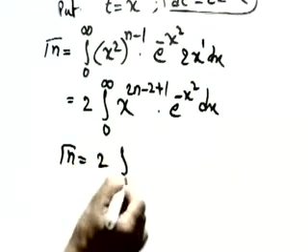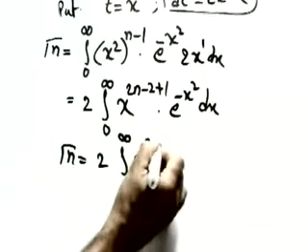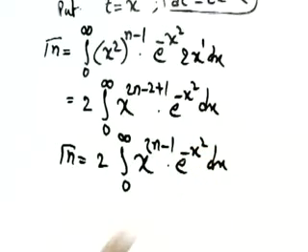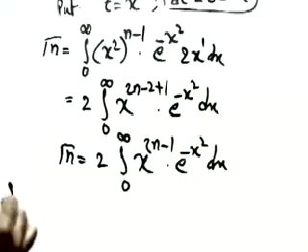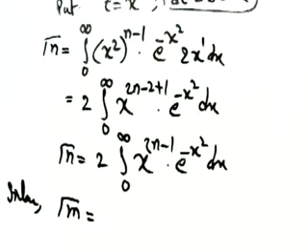Now this is gamma of n equals 2 into integration 0 to infinity x power 2n minus 1 into e power minus x square dx. Similarly, let me write gamma of m in terms of y.